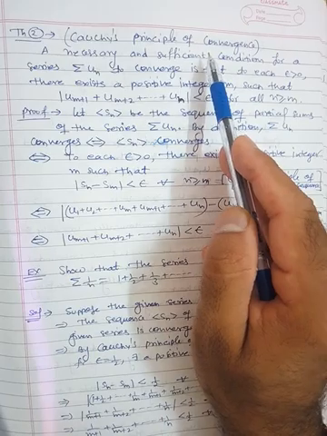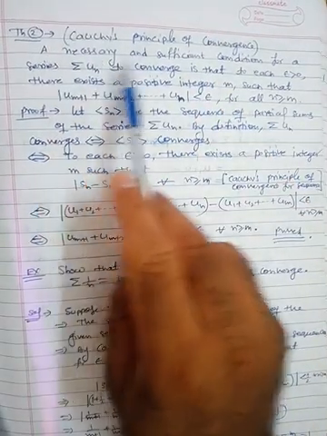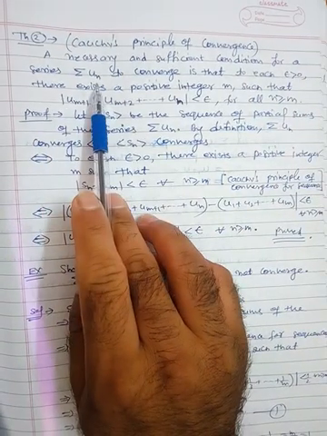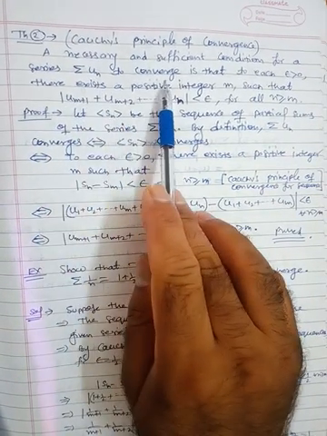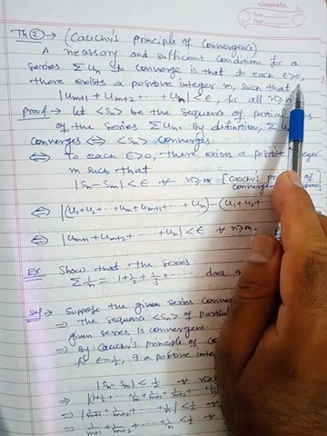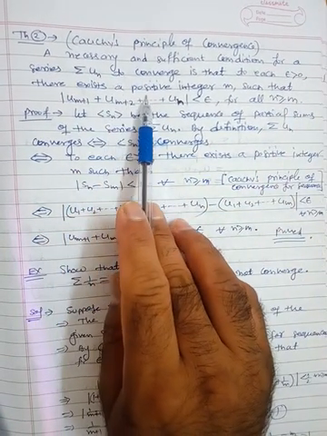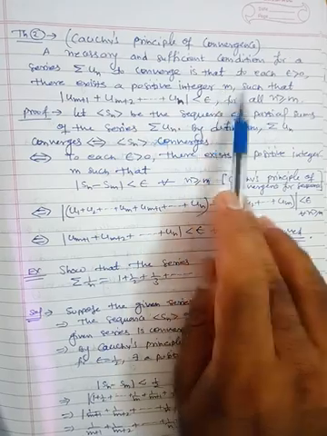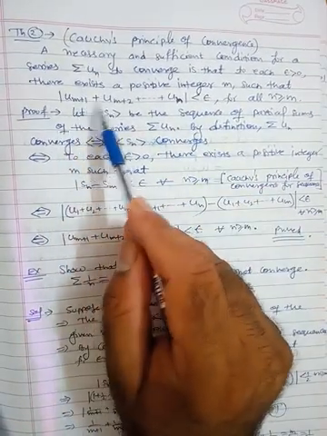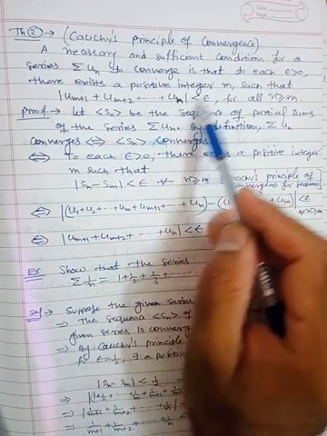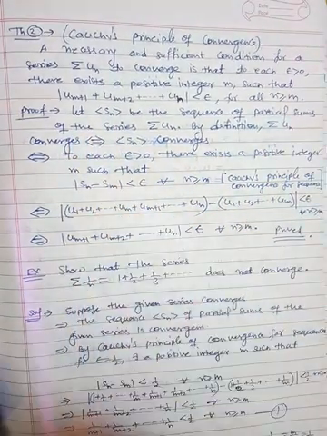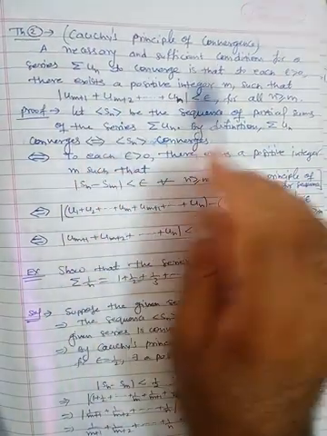The statement says that a necessary and sufficient condition for a series summation u_n to converge is that for each epsilon greater than 0 there exists a positive integer m such that the magnitude of u_(m+1) plus u_(m+2) plus ... plus u_n is less than epsilon for all n greater than or equal to m. So we have to prove this.